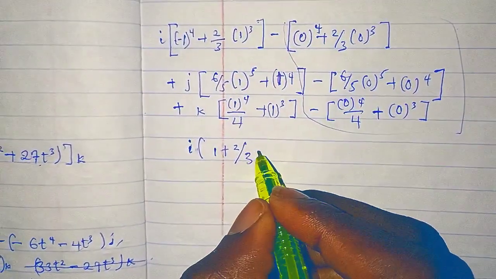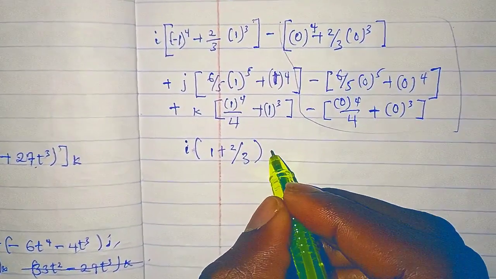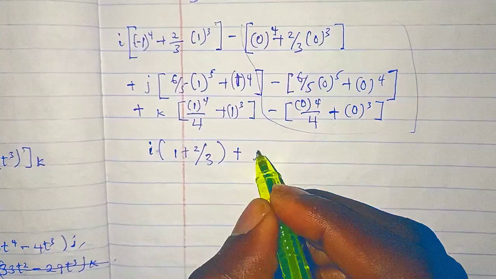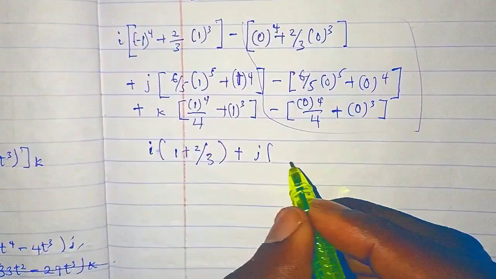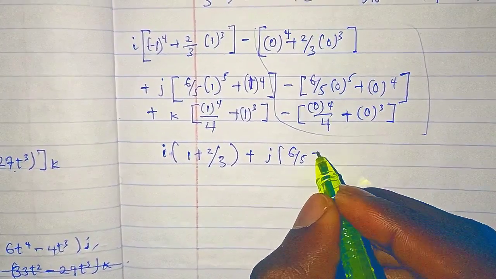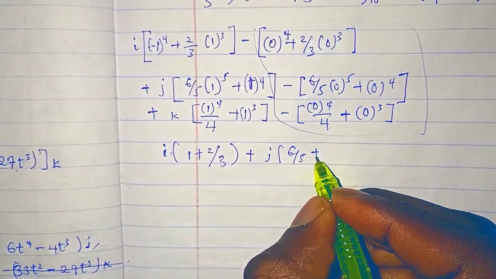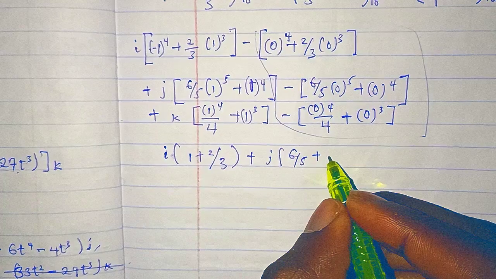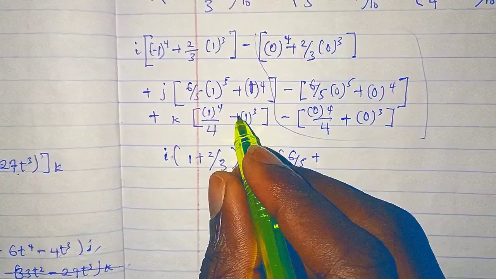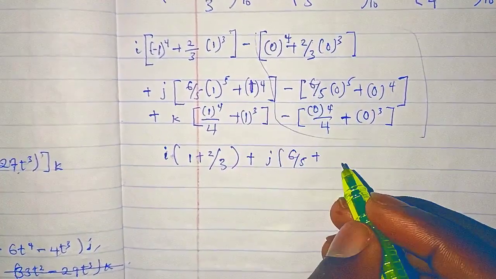Then we'll have plus j. For j, what do we have? We have 6 all over 5 plus 1.